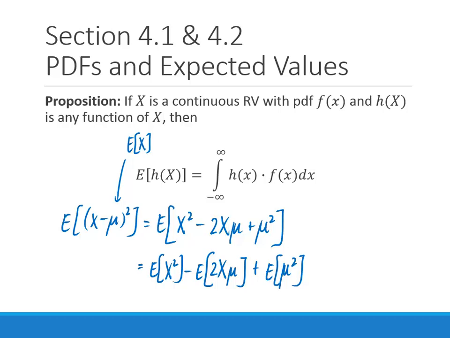Mu is a constant, right? It's just a number. Like when we had the expected value of a times x, we could pull the a outside of the expectation. So this is the expected value of x squared minus 2 mu times the expected value of x plus mu squared.